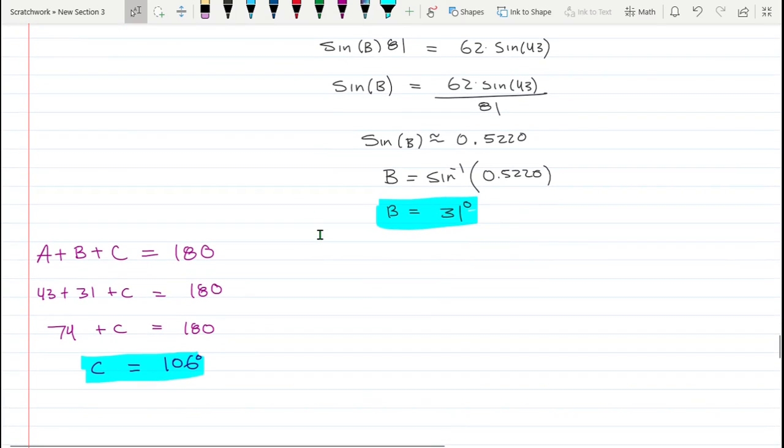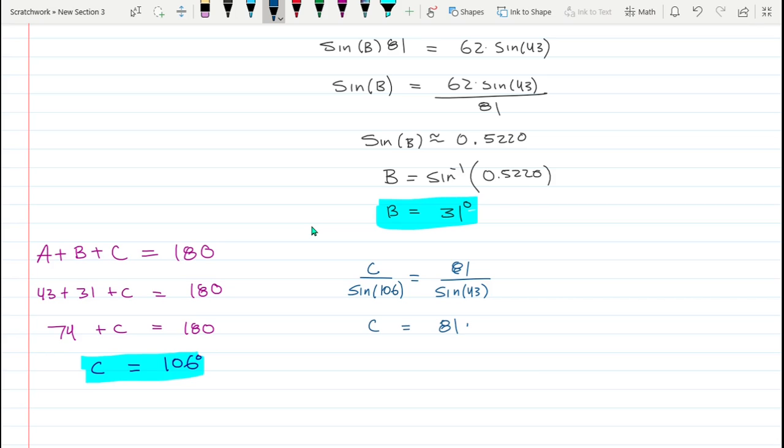So C over sine of 106 equals the given ratio, which was 81 over sine of 43. Multiply to the other side, and we have 81 times sine of 106 over sine of 43.